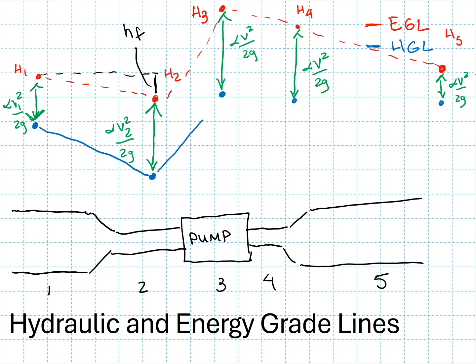Big increase in my hydraulic grade line corresponding to the pressure increase given by this pump. And then that long, slow progression in my hydraulic grade line, reflecting the energy loss due to friction plus the decrease in velocity head as my pipeline goes from small diameter back to a large diameter.